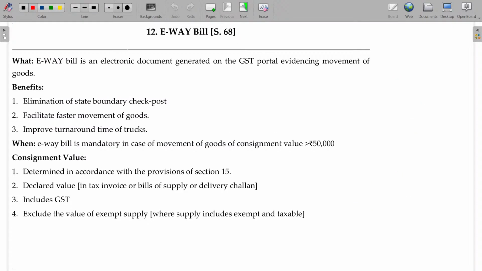We'll resume with the e-way bill under section 68.